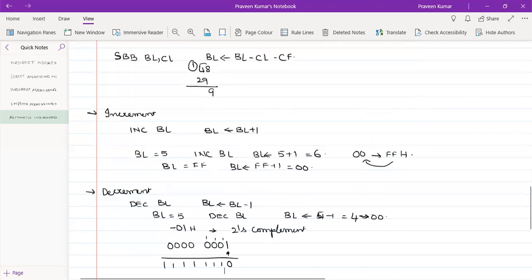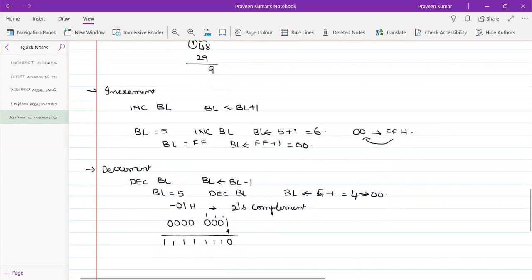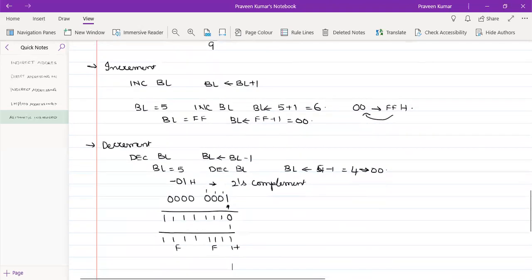To this 1's complement, I add a 1, so it becomes 11111111, which is FFH. So, after decrementing and reaching 00, it will again roll back to FFH. So these are the primary things.